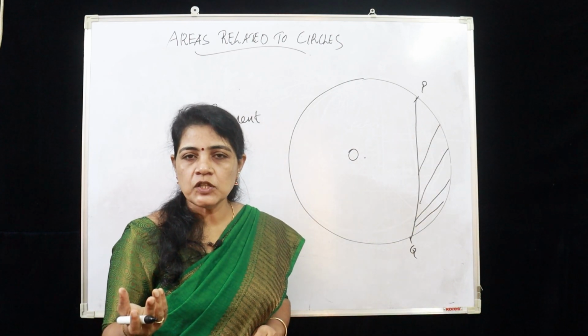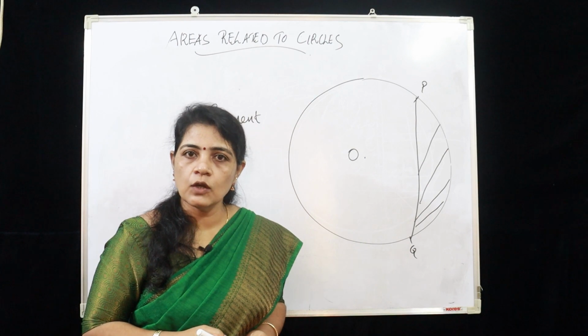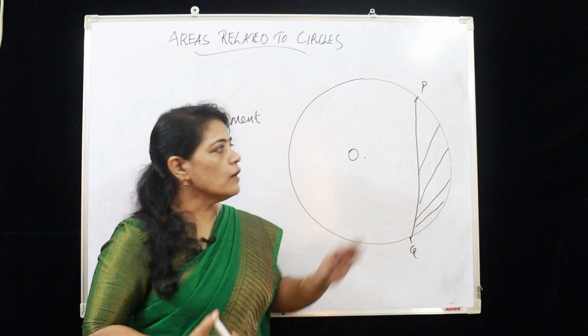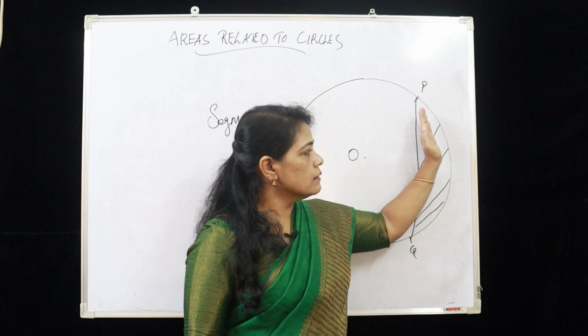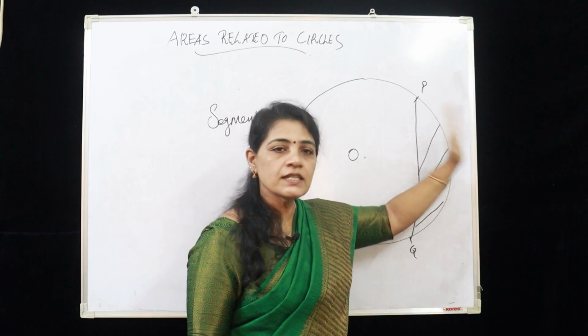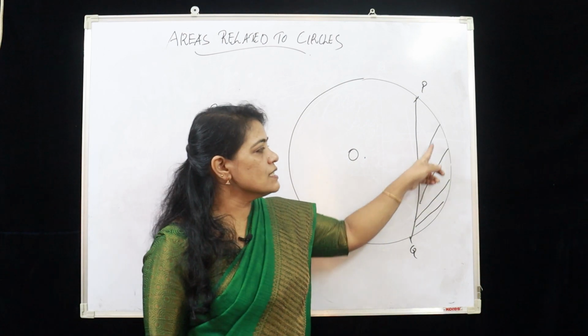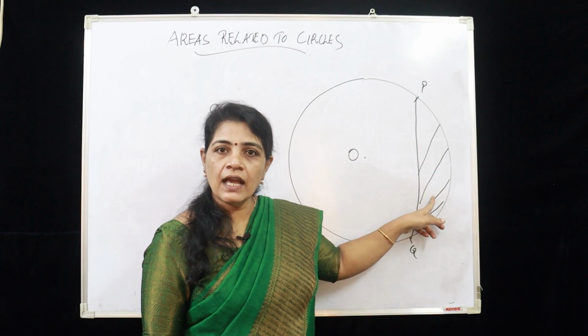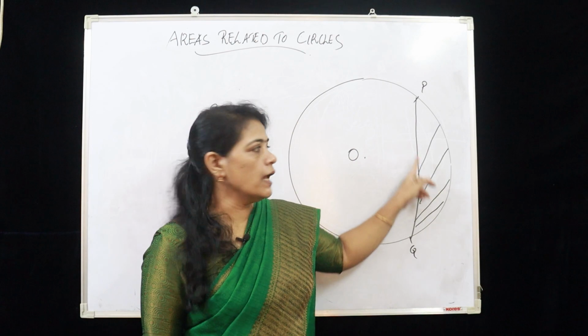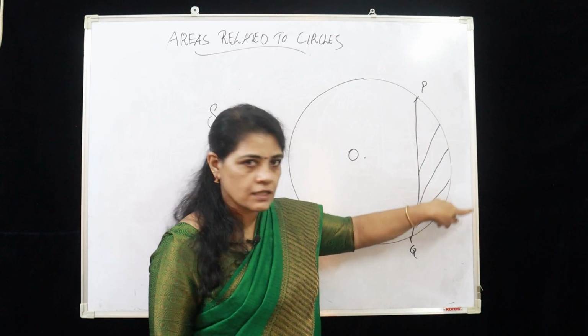PQ is a line segment joining any 2 points on the circle, so it is a chord of the circle. And I have taken the corresponding arc of this side of this chord.